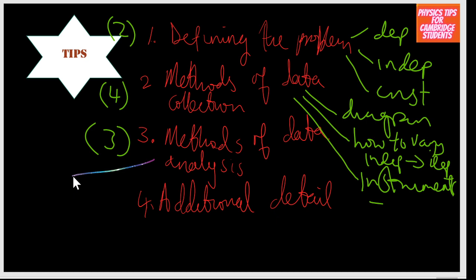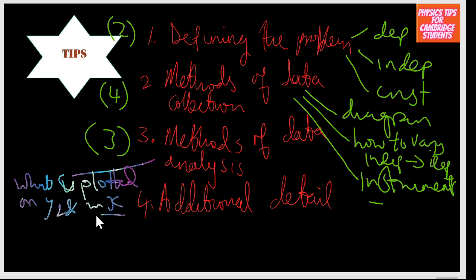So you are going to write down what is plotted on the y and x axis of your graph. You are also going to state that if the relationship is true, then a straight line graph is obtained. So that's the second part.